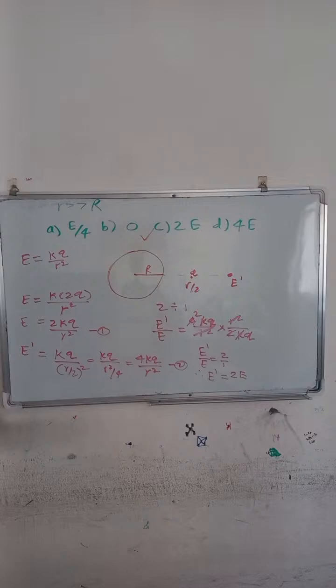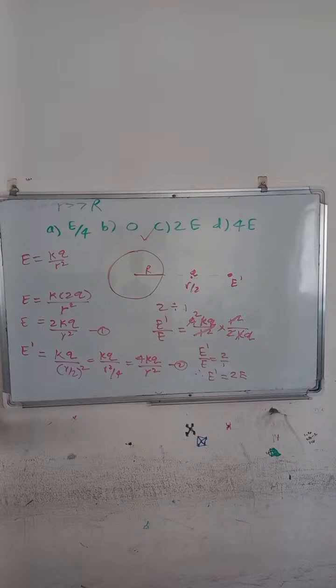Write down next one. Electric flux. The next question: the electric flux through a closed Gaussian surface depends upon: A, net charge enclosed and permittivity of the medium.